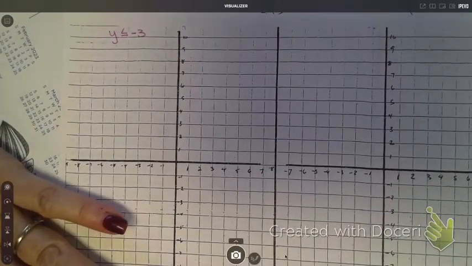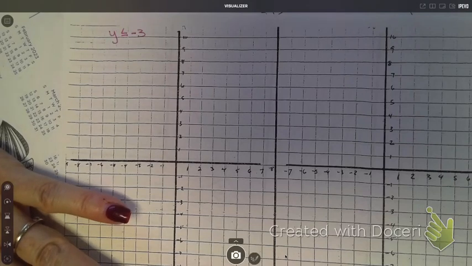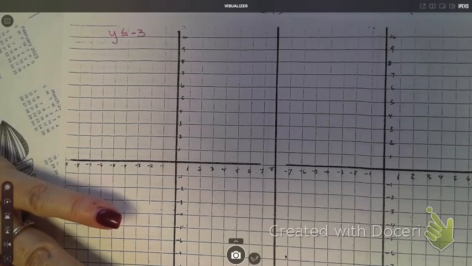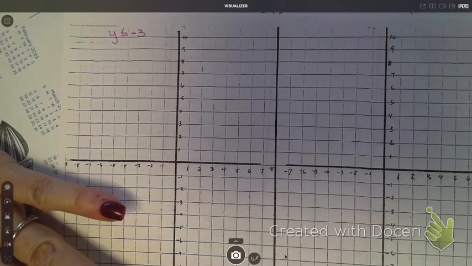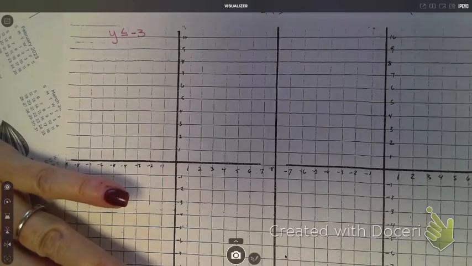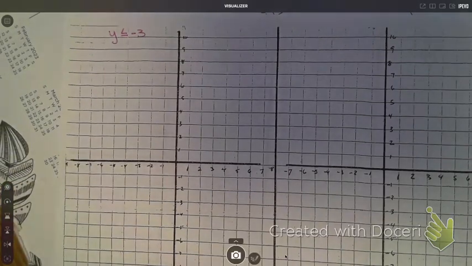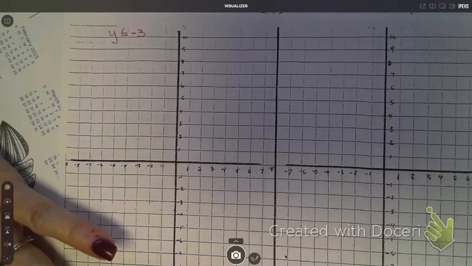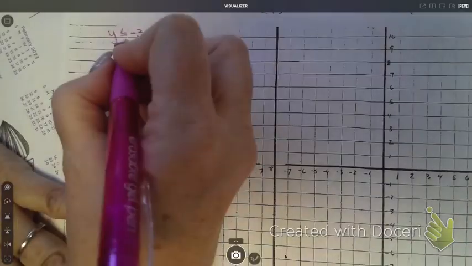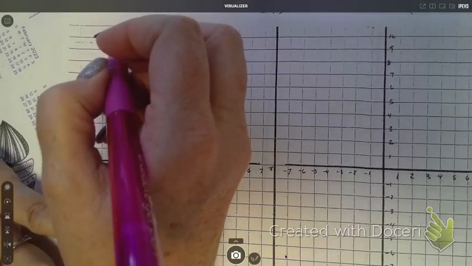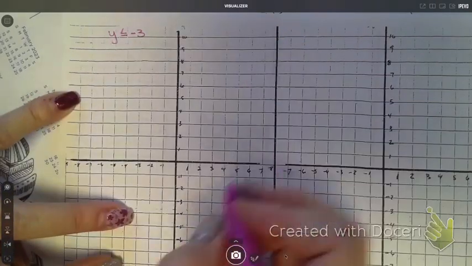What kind of a line is this? It's going to be a horizontal line because there's no slope. Is it going to be a solid line or a dashed line? Solid, because it's an equal to. That goes through negative 3.